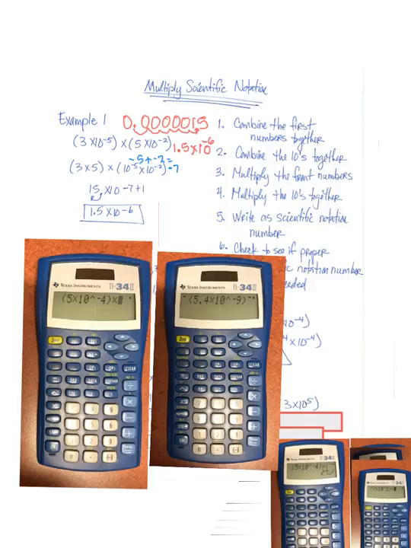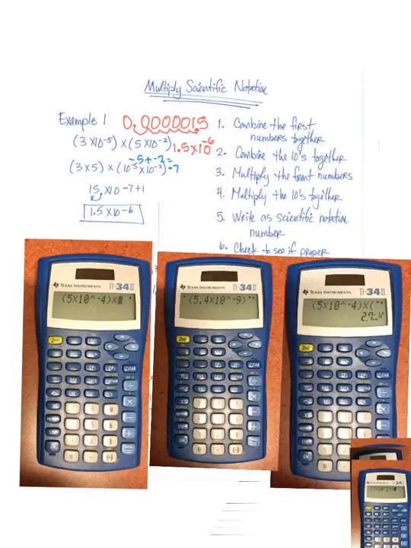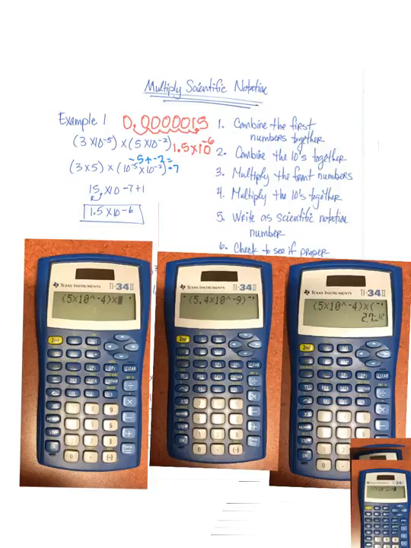We press enter, and if we look at it, we have 2.7 times 10 to the negative 12. Again, this is how our calculators will show it, at least this one: 2.7 E, and then negative 12. That also shows the same answer for all of it. So we end up having those ones there.